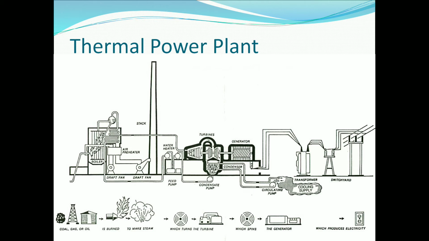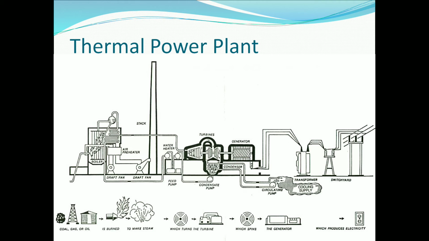Coal, and then the exhaust of coal gas, and then oil and coal are burned in the furnace, and then it generates steam, and this steam is used to move the turbine prime mover.